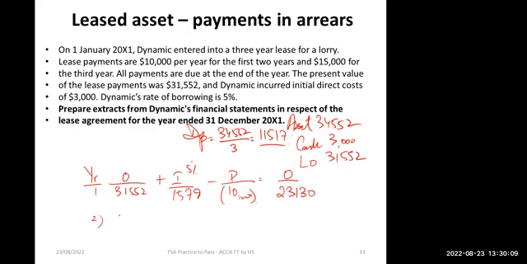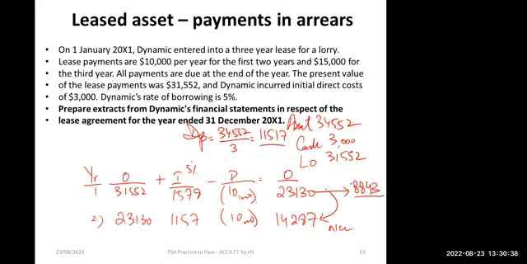You also need to make the second year table in order to calculate. Very good. So this is my non-current liability. Current liability, that's the current liability. Very good.